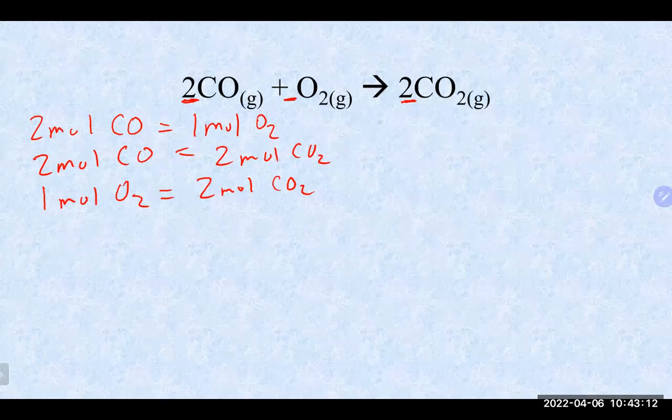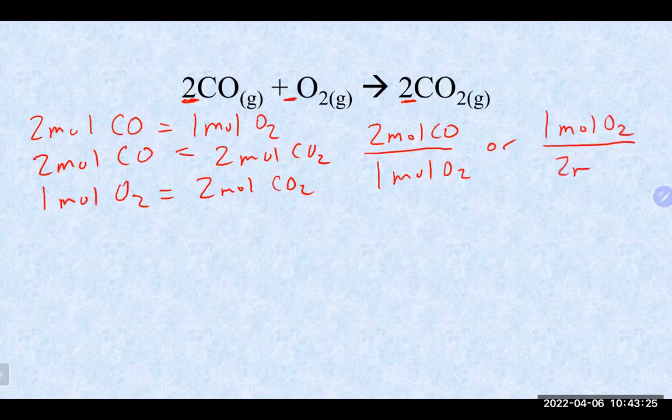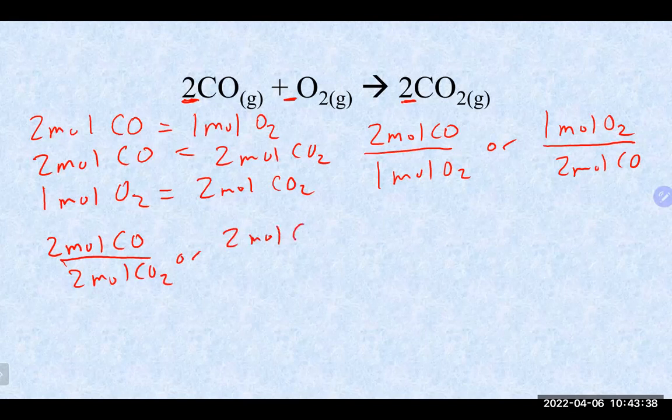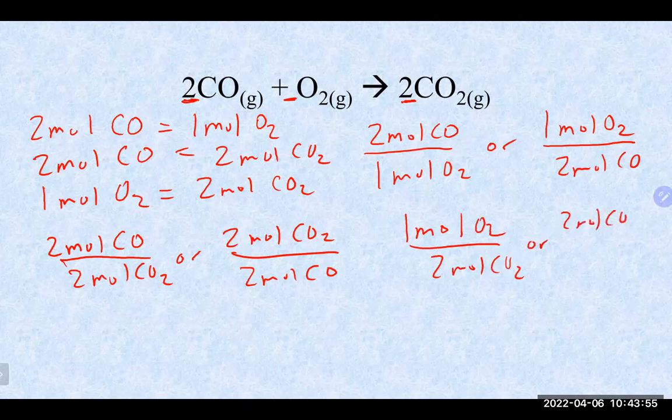For example, for the first one, we could say that there are 2 moles of CO over 1 mole of O2, or we could use the opposite, 1 mole of O2 over 2 moles of CO. For the second one, we could say 2 moles of CO over 2 moles of CO2, or the reverse, 2 moles of CO2 over 2 moles of CO. And lastly, for the last relationship, 1 mole of O2 over 2 moles of CO2, or 2 moles of CO2 over 1 mole of O2.